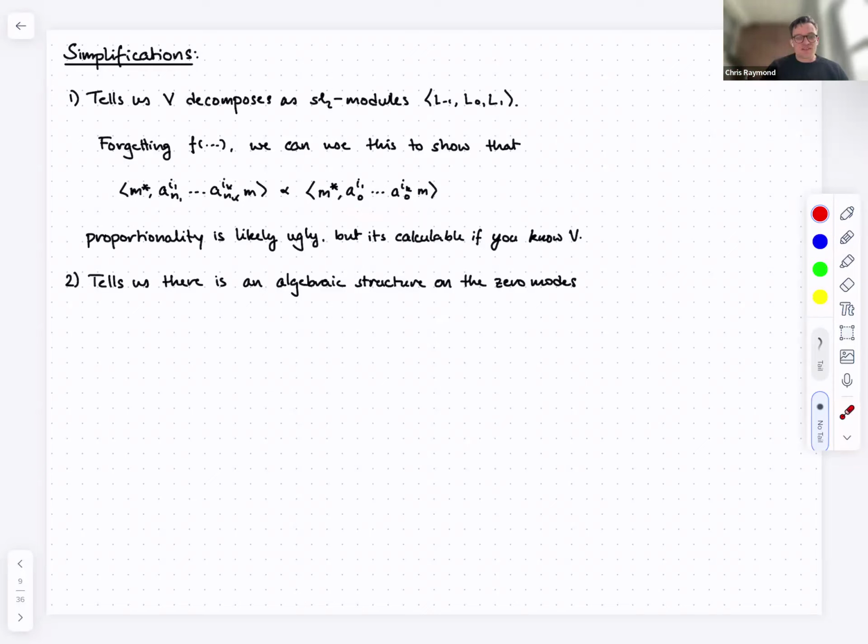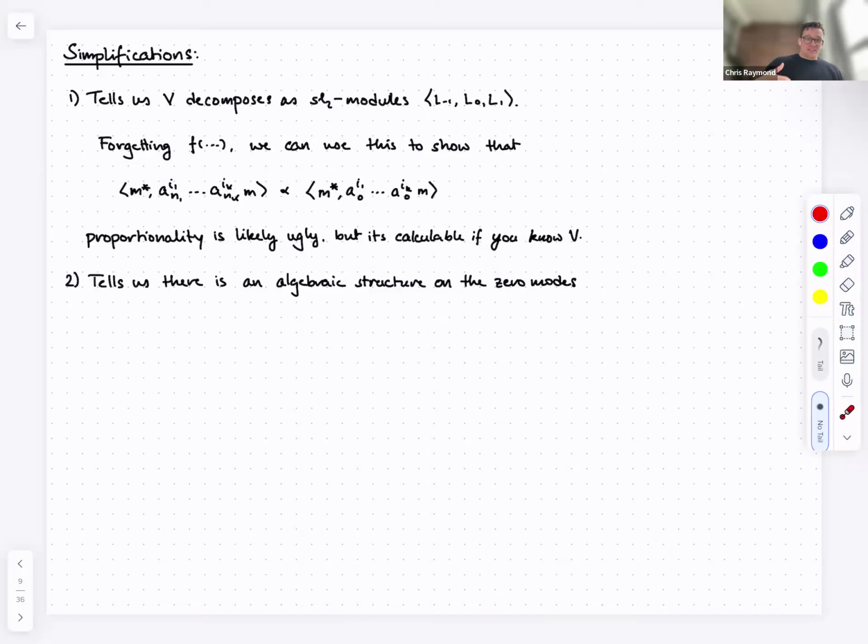So conformal invariance tells me, if I have to have this be non-trivial, and this thing lives in the top space over here and this thing here also lives in the top space, then whatever expression I have inside has to respect the grading on both sides. And then it just becomes a matter of using these constraints in the SL2 action to come up with some overall constant of proportionality. Now, that's in general ugly, but in principle, it's calculable if you know what your VOA is, right? So I can finagle these general expressions into zero modes acting on the top space.